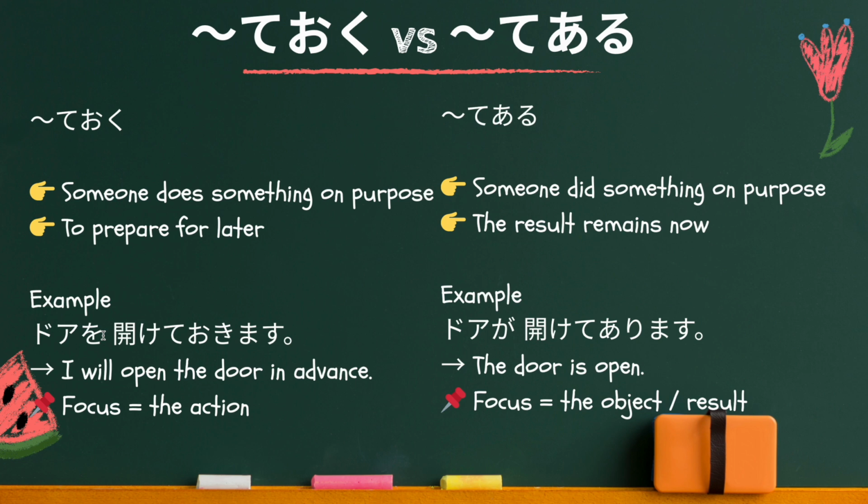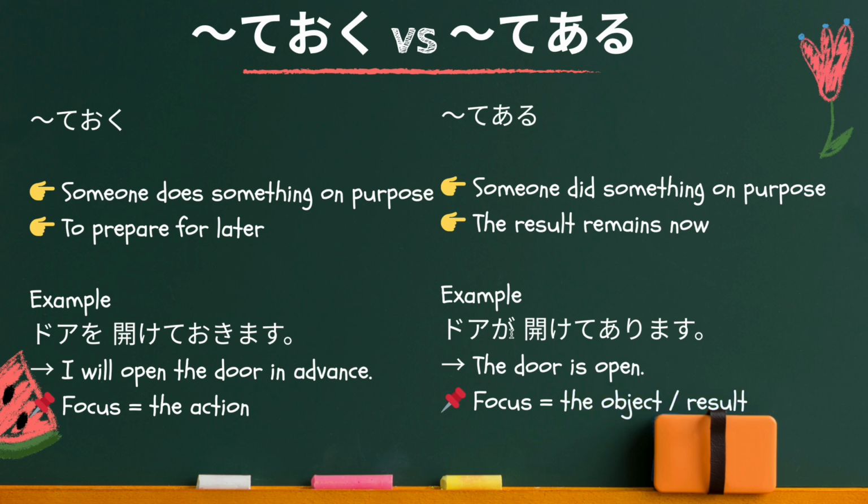But this time てある means that someone did something on purpose and the result remains now. So that means ておく is that you prepare something in advance for later purposes. But てある is you already did the action and that result remains now. The focus is on the object and the result.